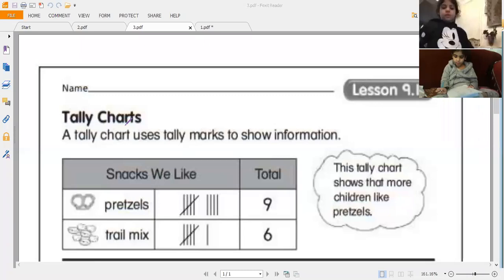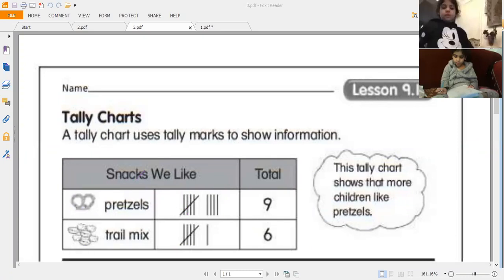I will tell you now how we can use the tally marks. We use the tally marks to make the tally chart. The tally chart is a table. We use the tally marks to know information about anything.